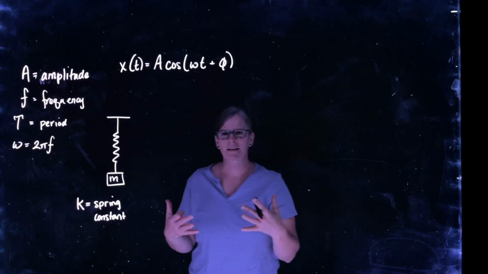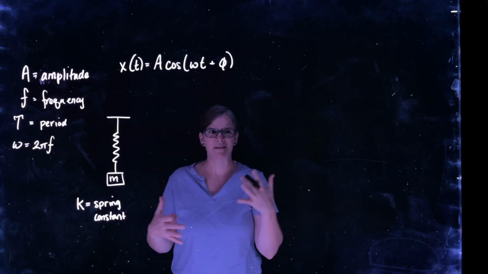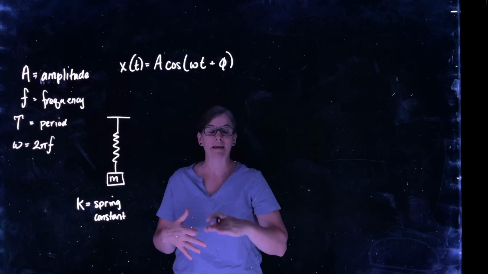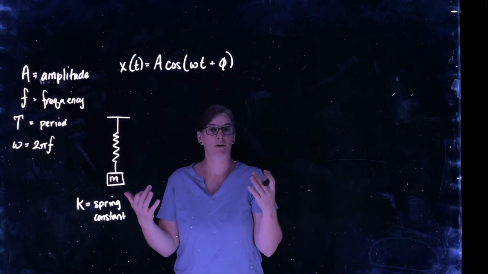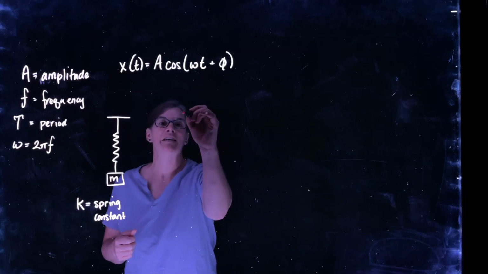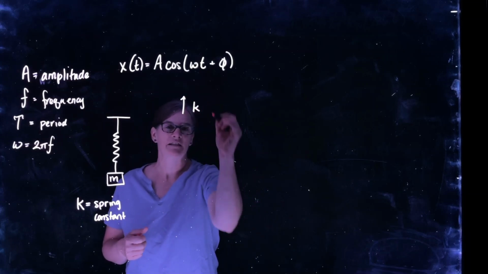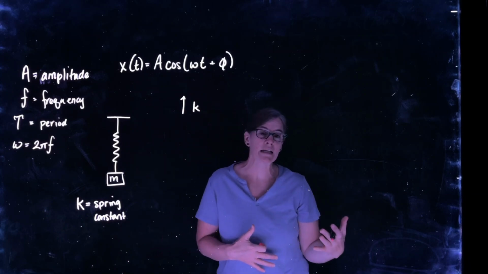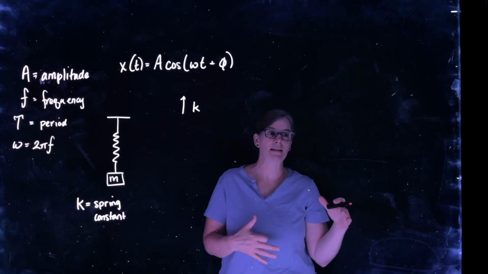We start to recognize that the stiffness of that spring does have an influence over the timing of our motion. So if I increase the stiffness of the spring, we want to think about, does that increase how long it takes for it to make a cycle?